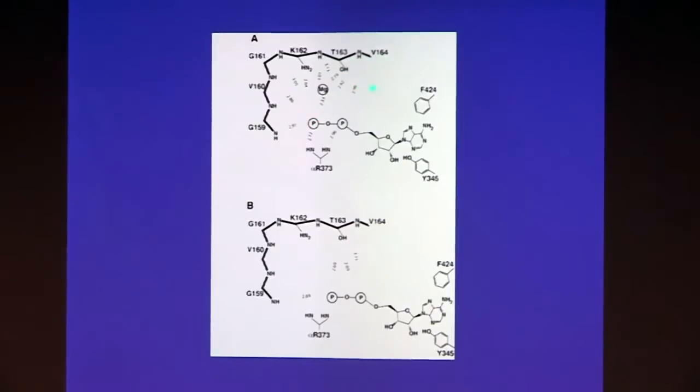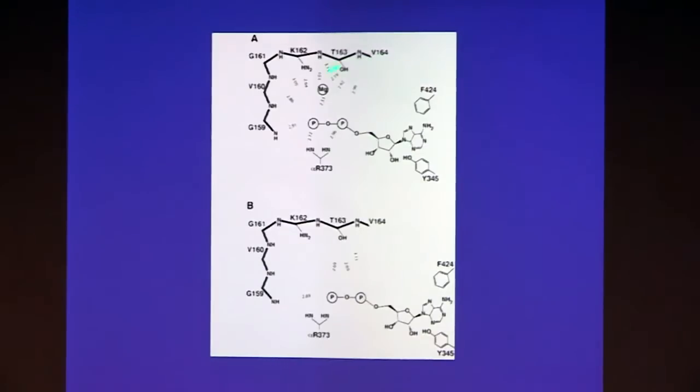And then there are water molecules that are held in place here, which provide the other coordinating ligands. Now, what happens then as the rotor turns is that the nucleotide is moved, still bound, to the right as the site opens.